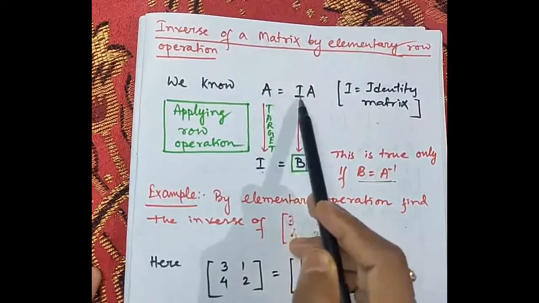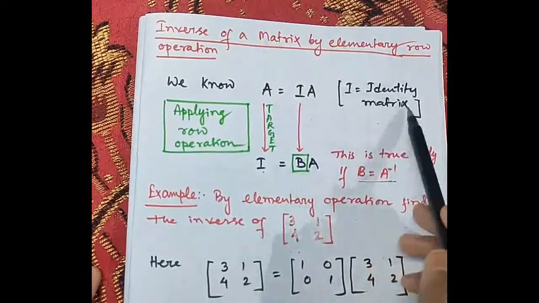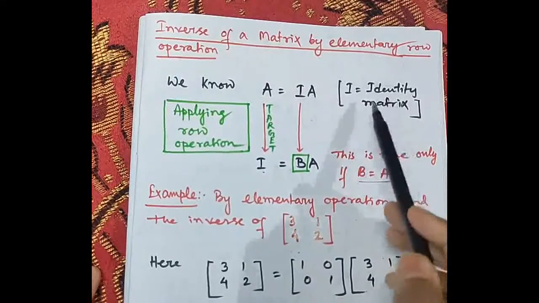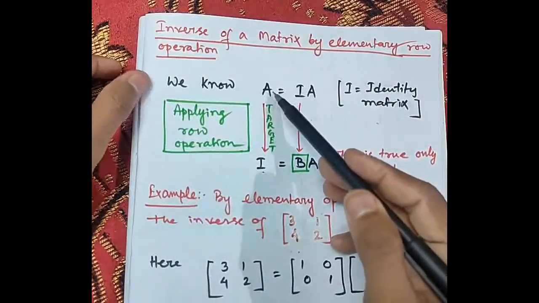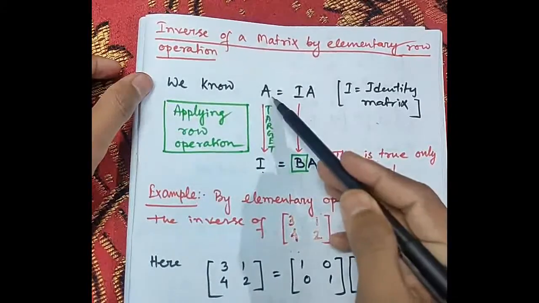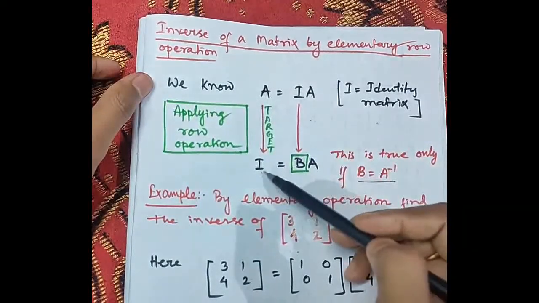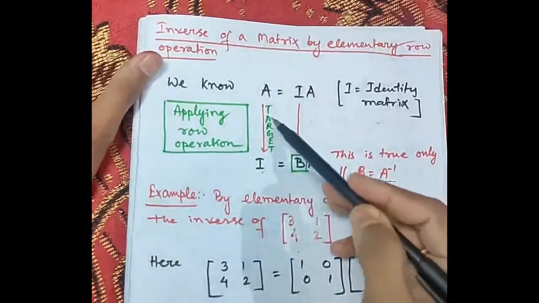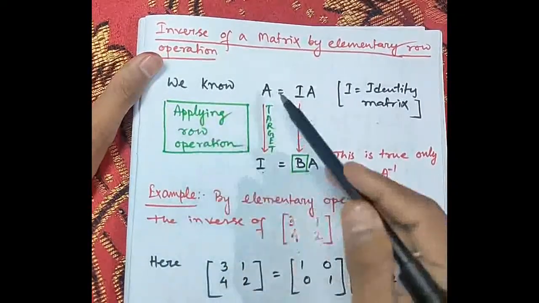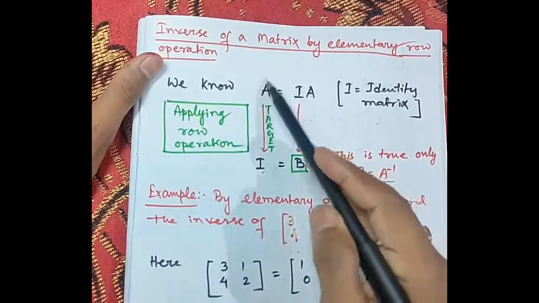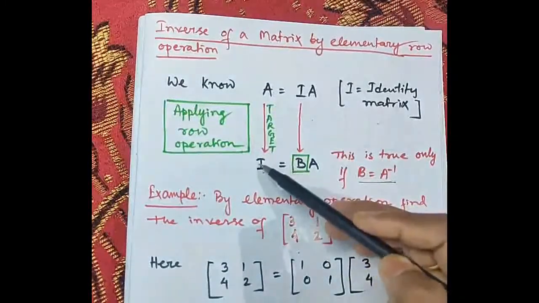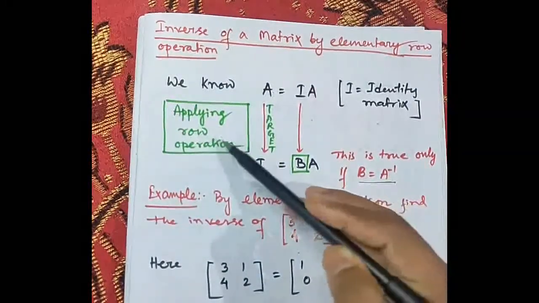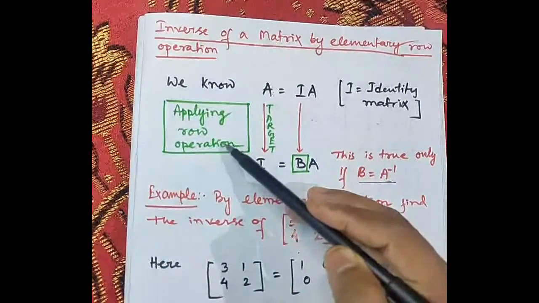So if A equals I into A, where I is the identity matrix, here your target will be to change this A into I by applying elementary row operation or column operation.